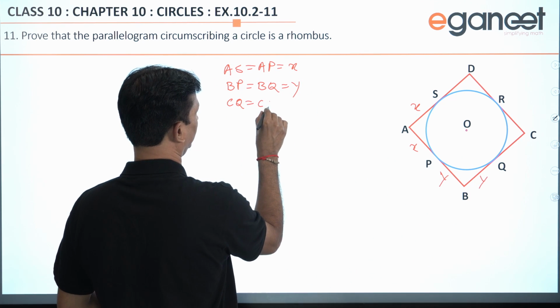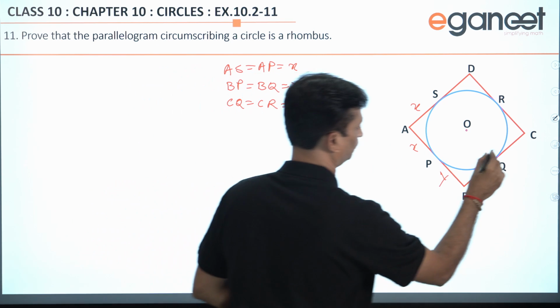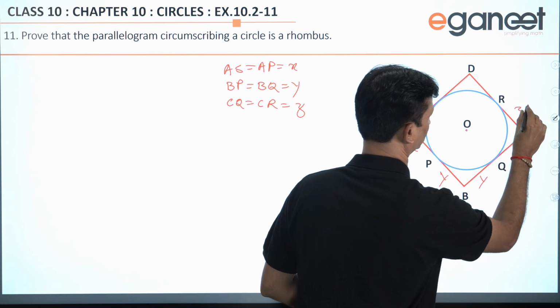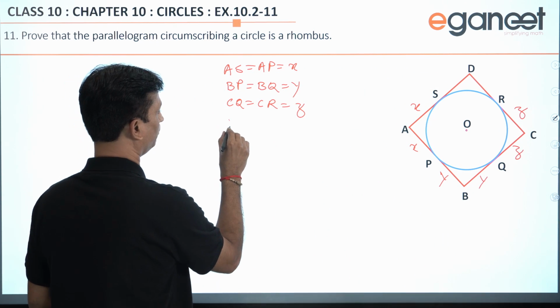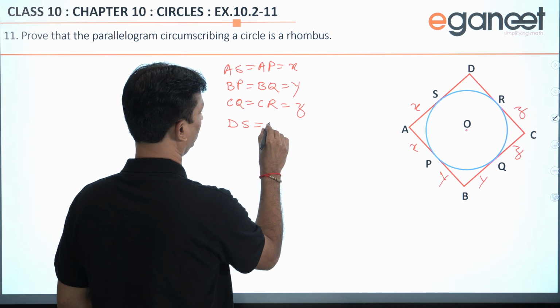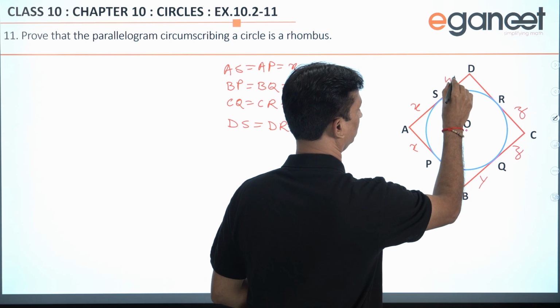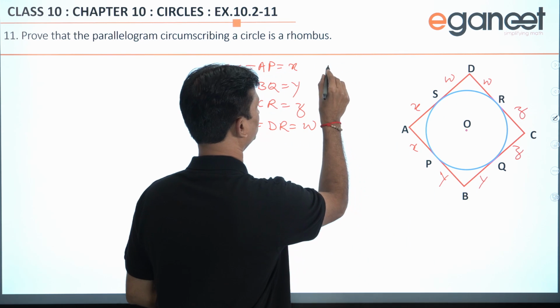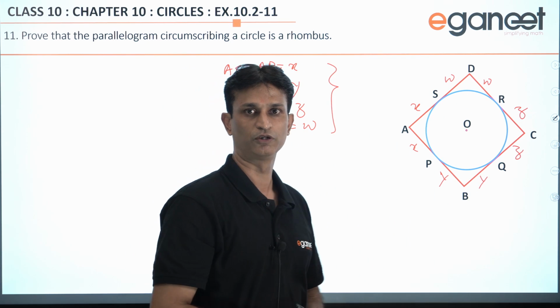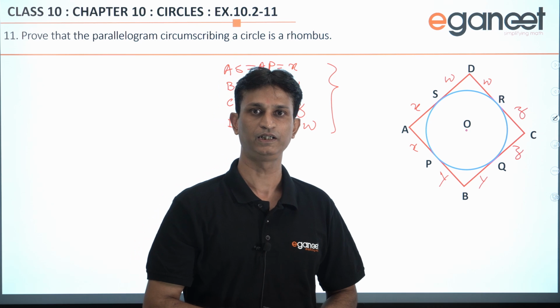CQ equal to CR equal to z. So this is z, and DS equal to DR equal to w. So this will be w.